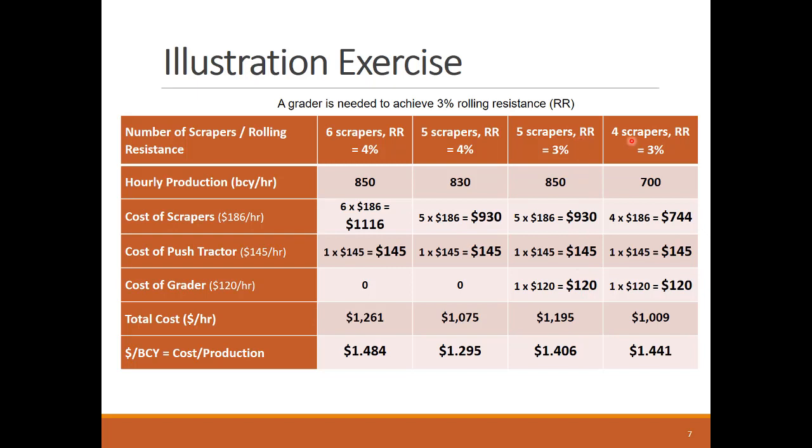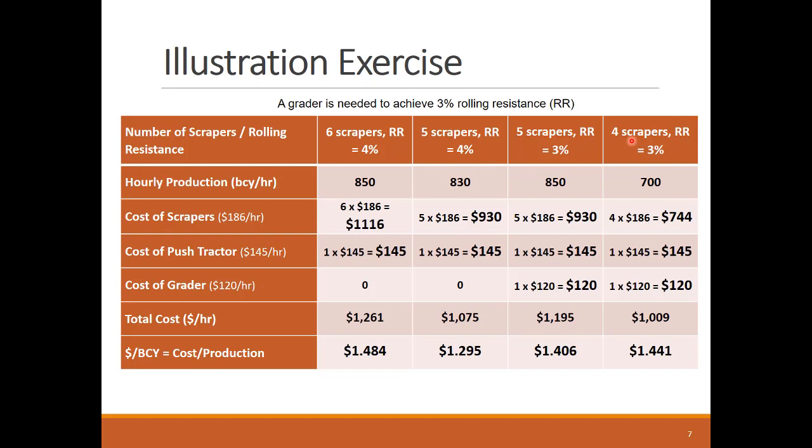We add up these 3 equipment costs to get the crew hourly cost, and divide it by the hourly production to get the unit cost.